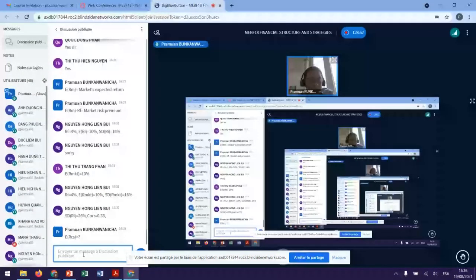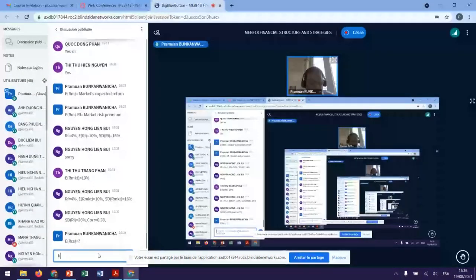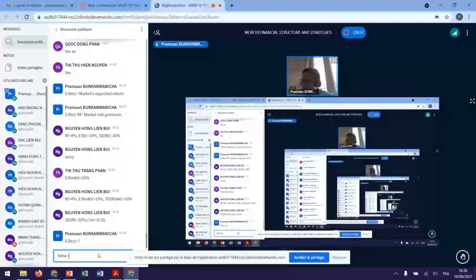So the beta is equal to SDRCS, 0.26, multiplied by the correlation 0.33, divided by SDRM, which is 0.16.